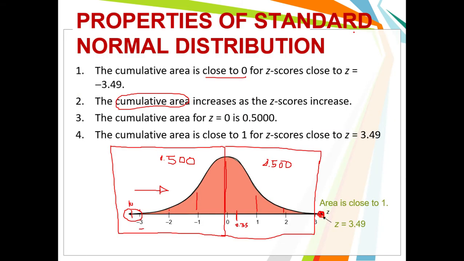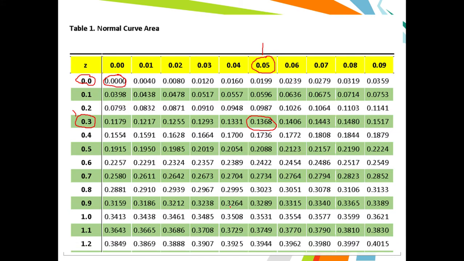If we look at the curve or the ating normal curve, so starting from 0 or starting from the line of symmetry, okay? So, itong area na yan, that is 0.1368.